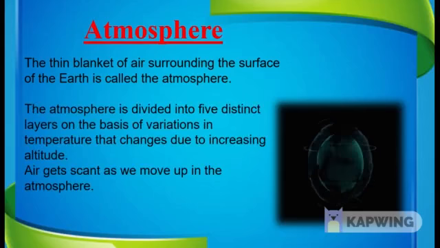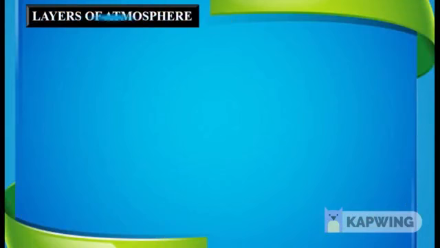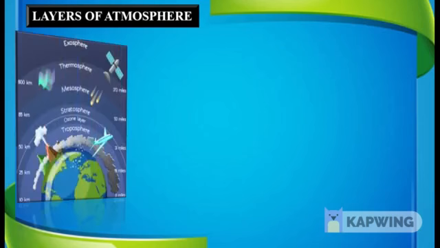The atmosphere is divided into 5 distinct layers on the basis of variation in temperature that changes due to increasing altitude. Air gets scant as we move up in the atmosphere. Now we will learn about different layers of the atmosphere.